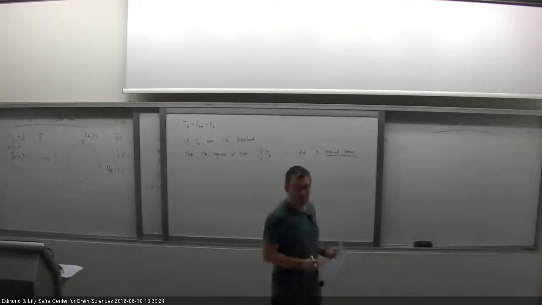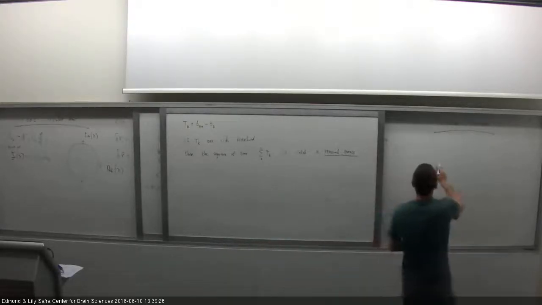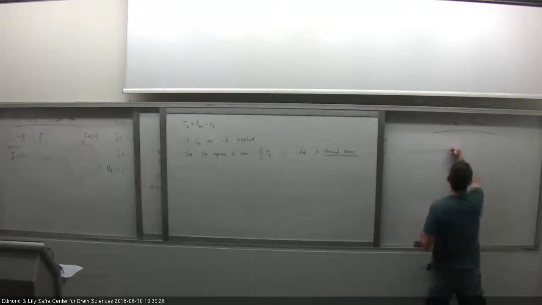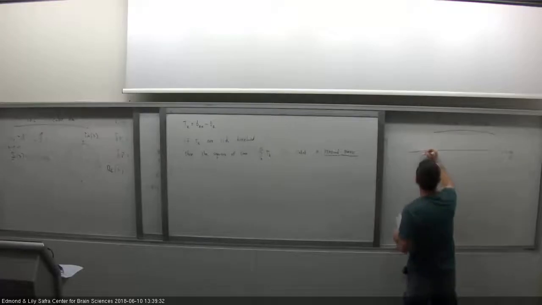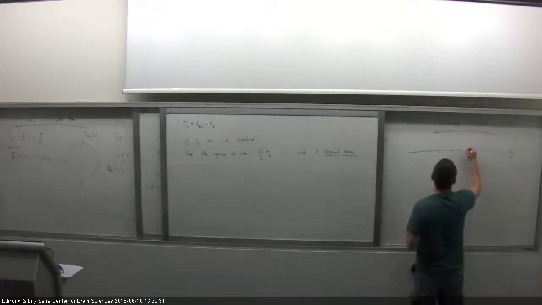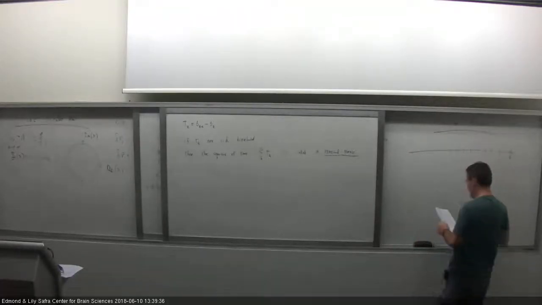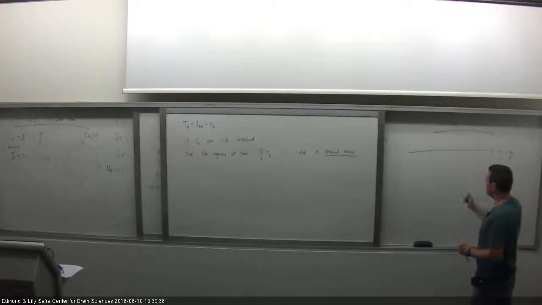So in a Poisson process, what we do, we take our time and we divide it into intervals of size delta t.